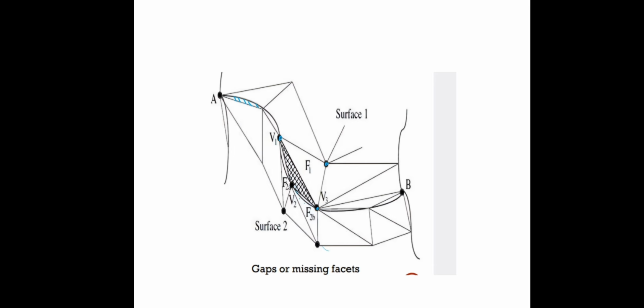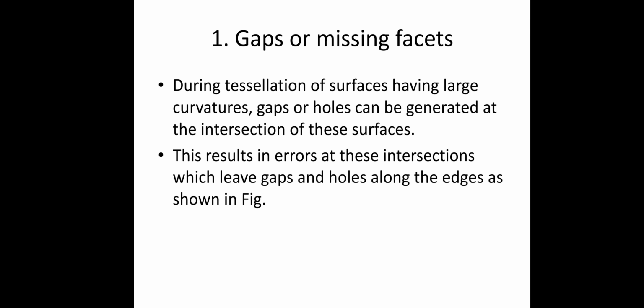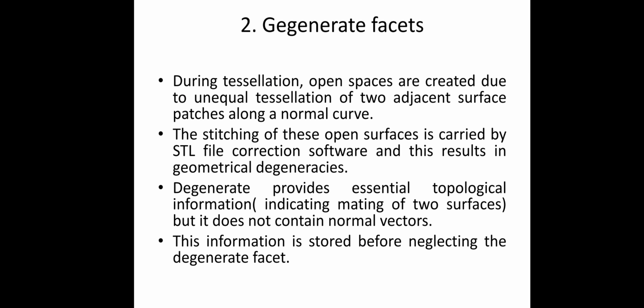So it became a very big problem in the additive manufacturing subject. During tessellation of surfaces having large curvatures, gaps or holes can be generated at the intersection of these surfaces. This results in errors at these intersections, which leave gaps and holes along the edges as shown in the figure.